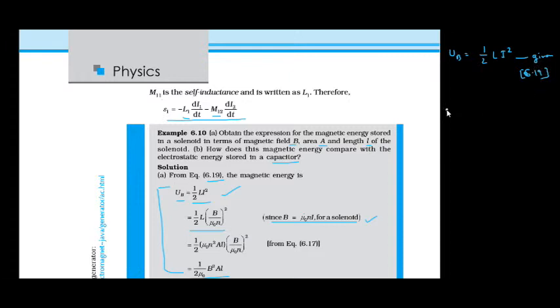Fine. Now we know B is equal to mu naught N i. Now put the value.